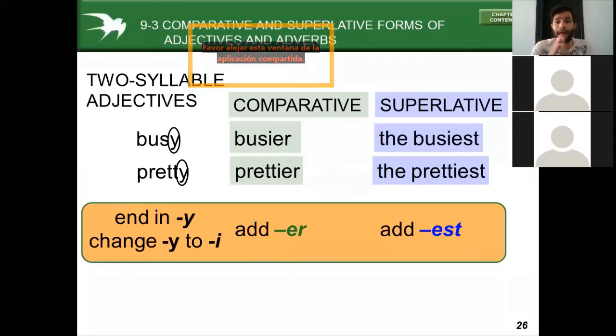Or for example, happy, happier, and the happiest. So it's always like this, right? When they finish in Y, you change the Y to an I and add -er in case of comparative, and change the Y to an I and add -est in case of the superlative.